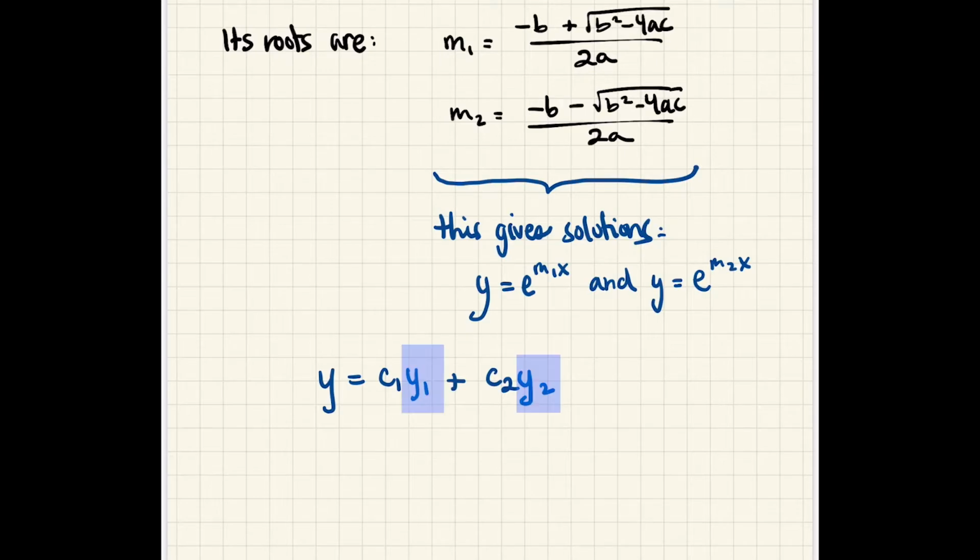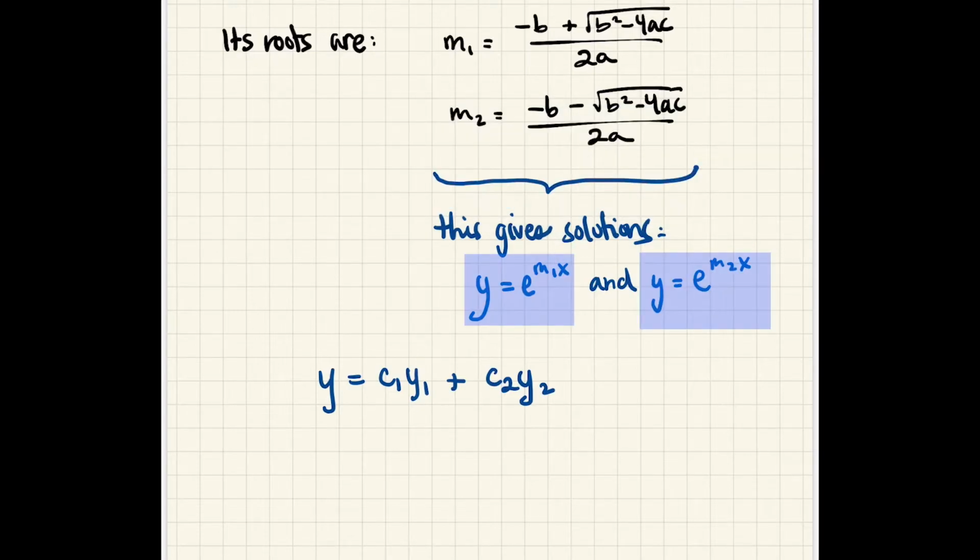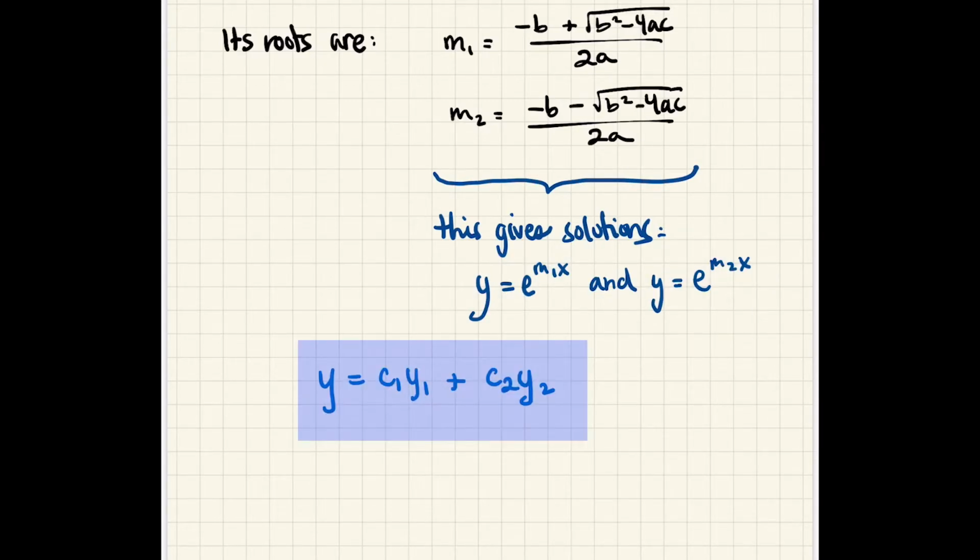And those two fundamental solutions are linearly independent. Okay, if this particular auxiliary equation gives two distinct m values when we solve it, like say m equals 3 and m equals 2, then great, we've got our two linearly independent solutions, and that forms the fundamental set, and we have our general solution.